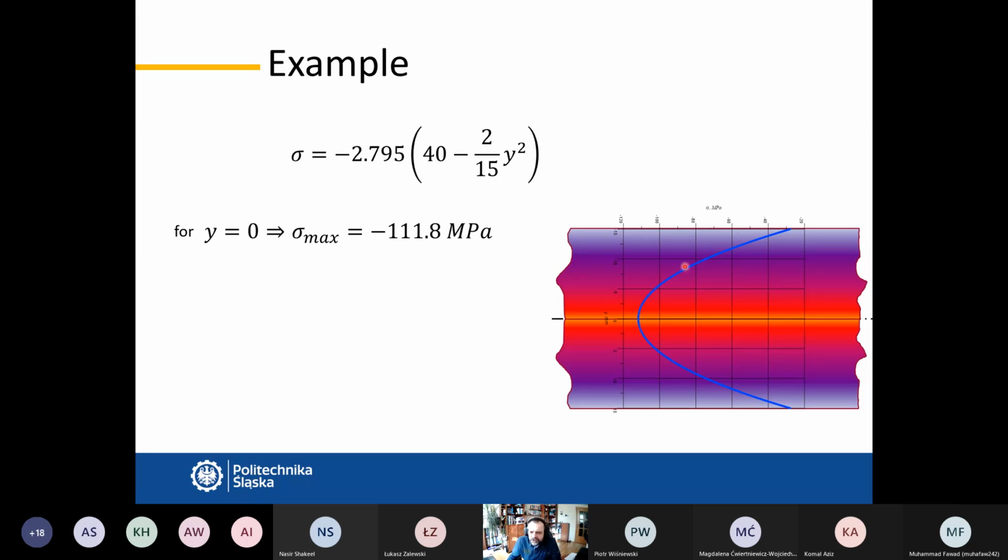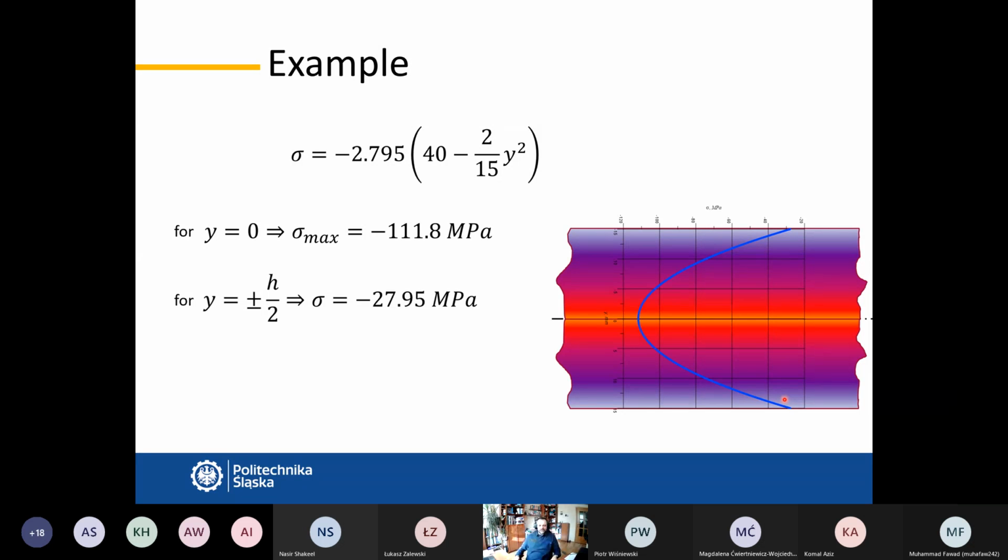And then it changes quadratically as you move away from the center. For y equal half of h, it will be about 28 megapascal. So here we have 28, here we have 111.8 in the center. And the distribution is quadratic, as shown here.